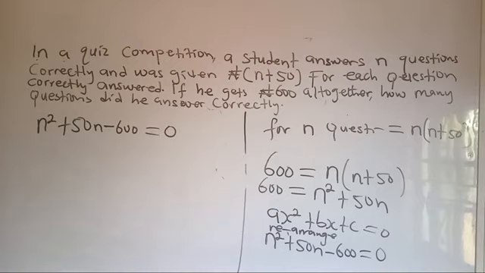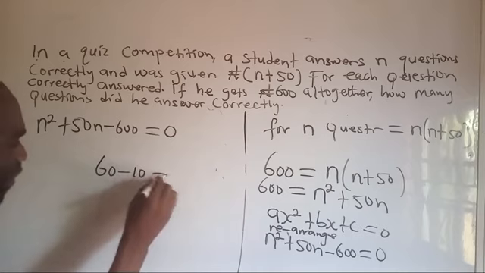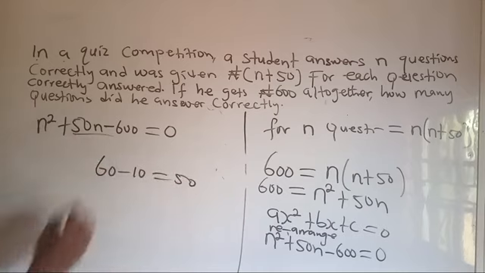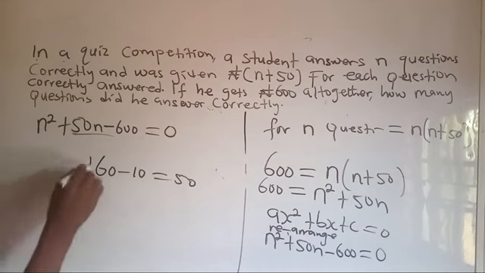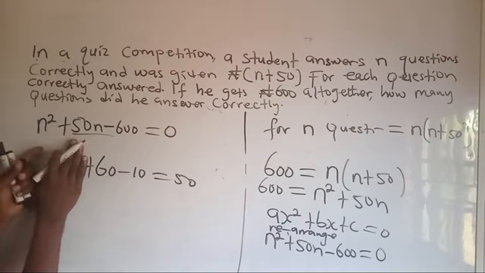So the two possible numbers here are 60 and minus 10. That is, plus 60 minus 10 will give us 50, the middle term.